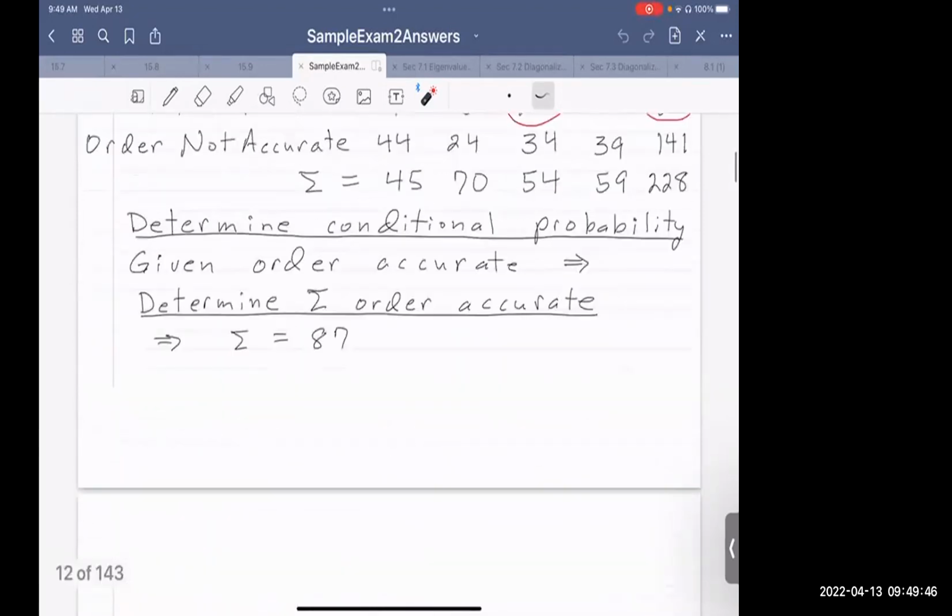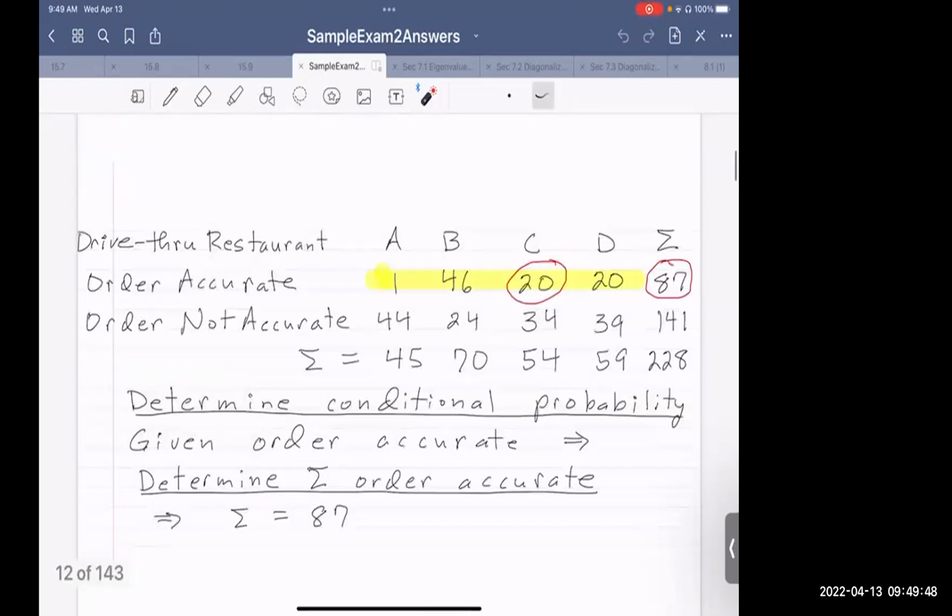And so I restrict my sample space to only those from restaurant C. And so there'll be 20 out of 87, because I've restricted my sample space to only those where the order is accurate.